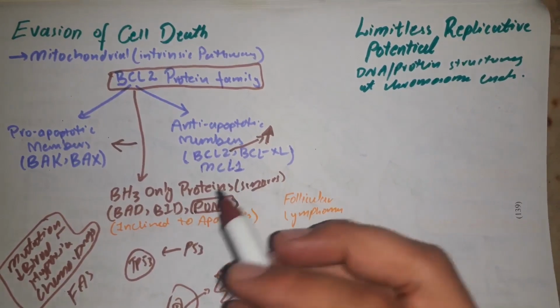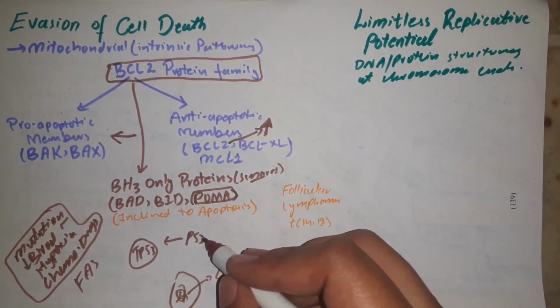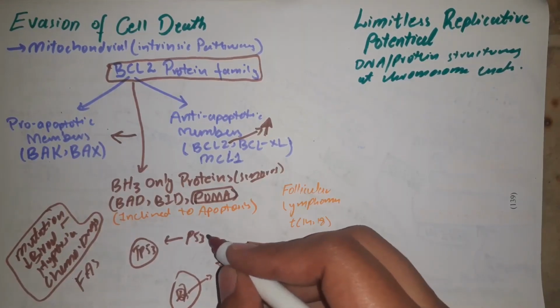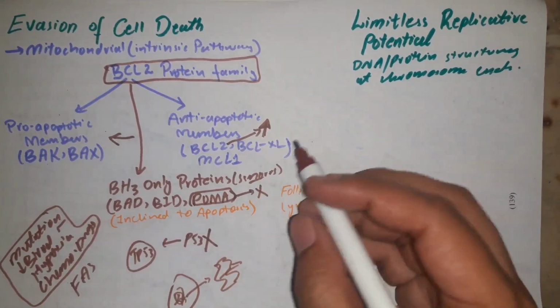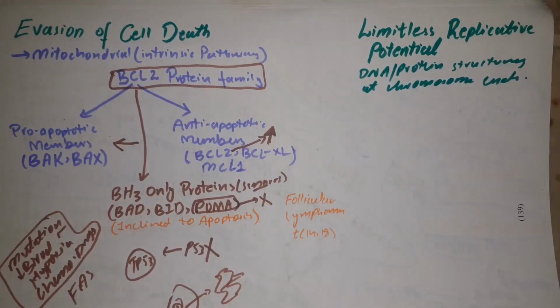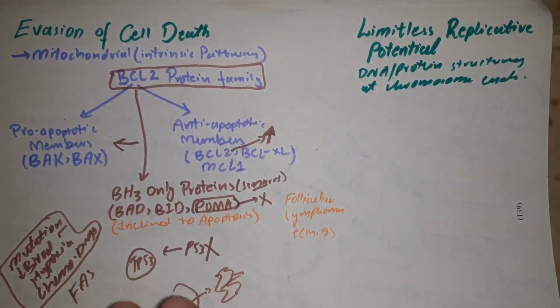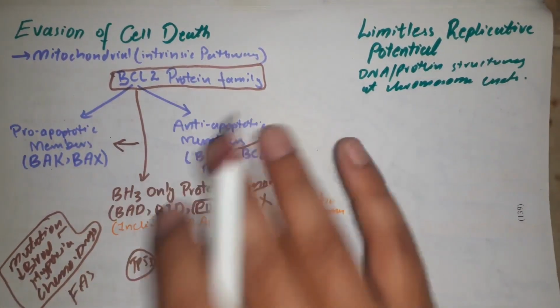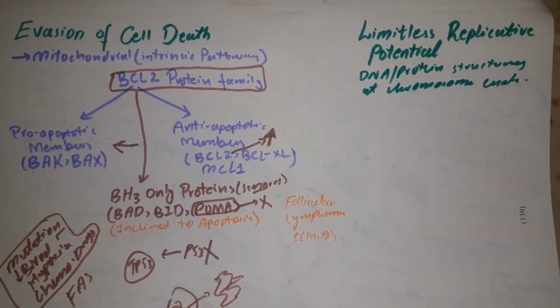So what happens in cancer cells? P53 is mutated. When it gets mutated, the function of PUMA is also restricted. There is not a shift in balance towards pro-apoptosis or apoptosis. So in this way, by mutation of P53, the balance is shifted towards anti-apoptosis, and apoptosis does not occur. I hope I'm not complicating things. Let me summarize.